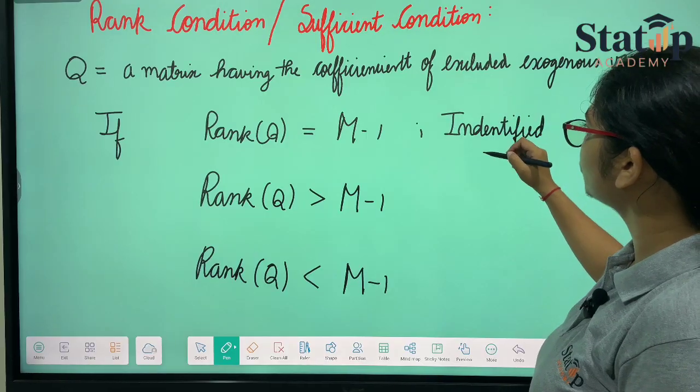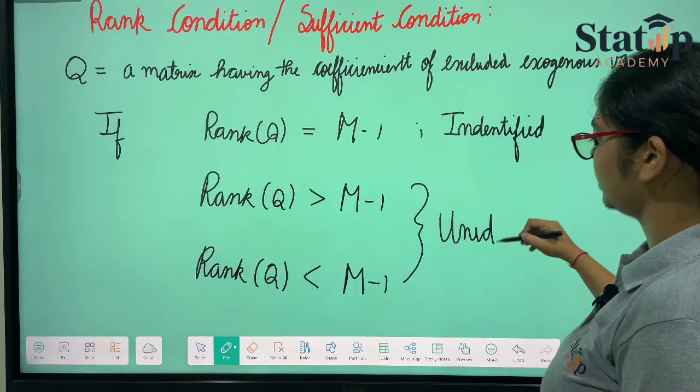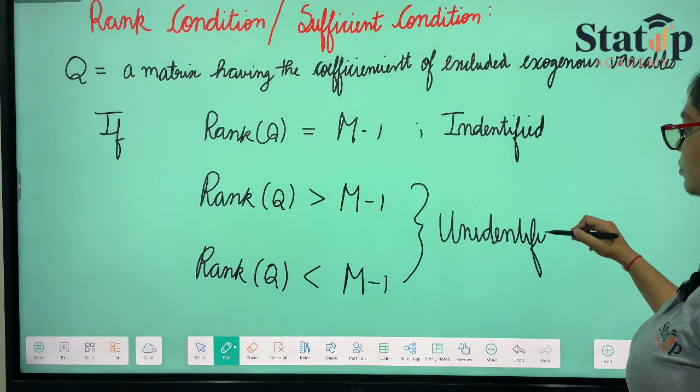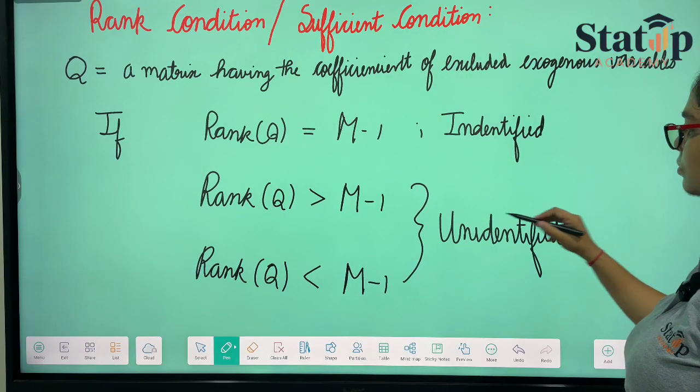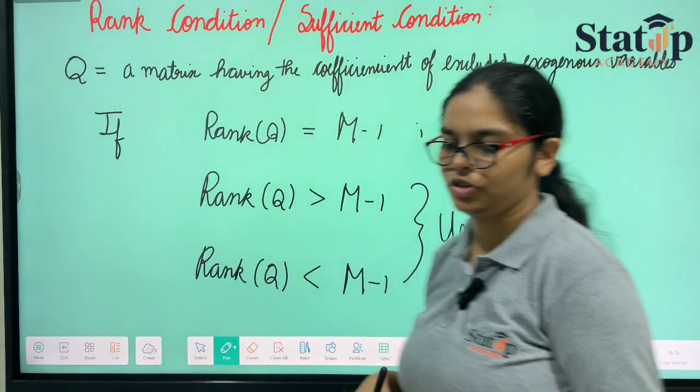And if it is less, then we can say our model is unidentified. So these two were the conditions, order condition as necessary and rank condition as sufficient.